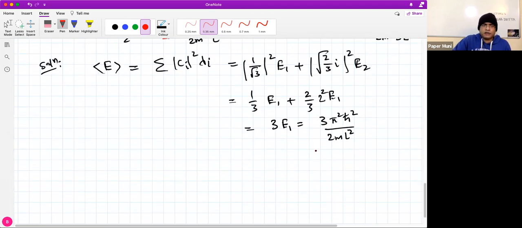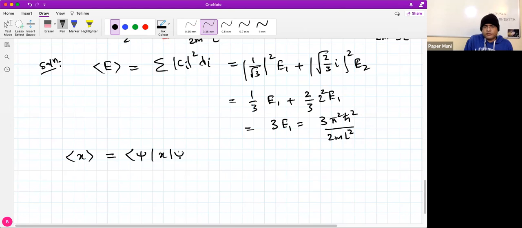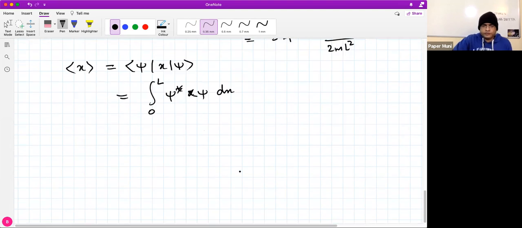But if you try to calculate the position operator expectation value, then you have to do the whole calculation like this. So this is psi x psi. In Dirac notation, you write the integral from 0 to L of psi star x psi.